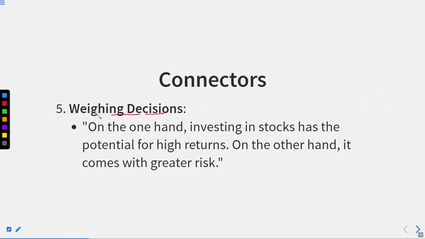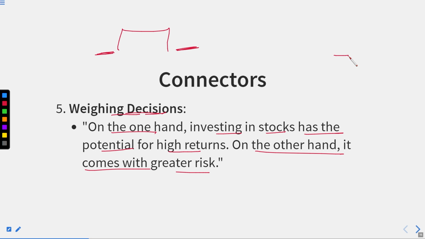Weighing decisions. Obviously, because two sides are there, one positive and another negative, it balances both situations, so it weighs the decisions. On the one hand, investing in stocks has the potential for high returns. On the other hand, it comes with greater risk. Now what happens if we have to make a decision?